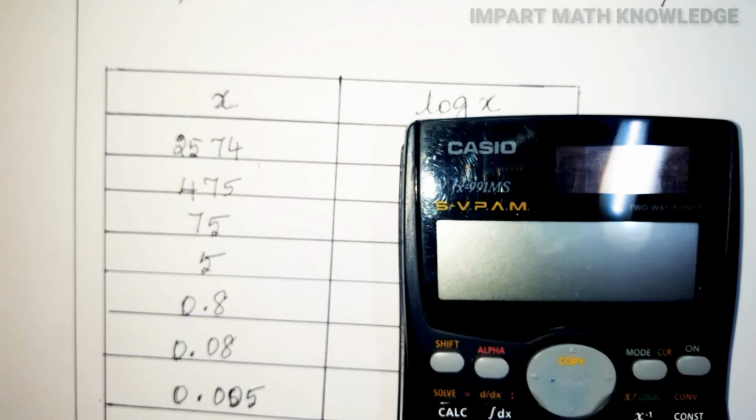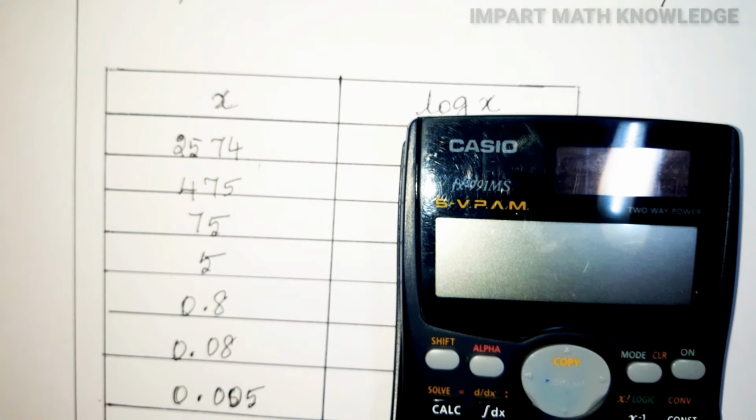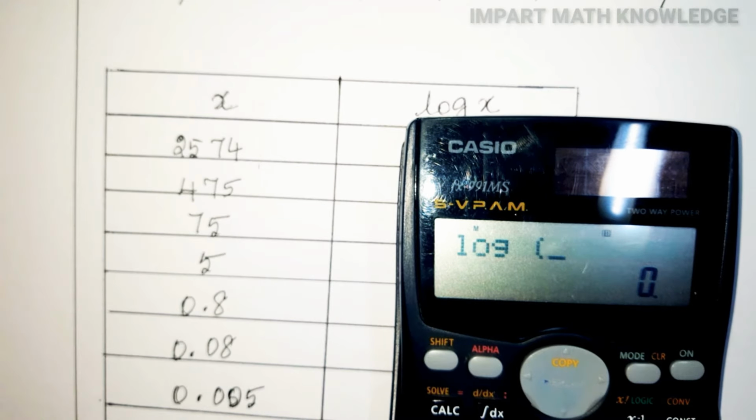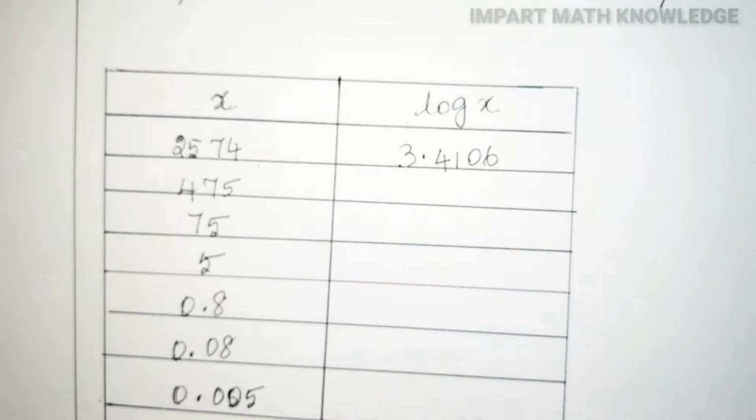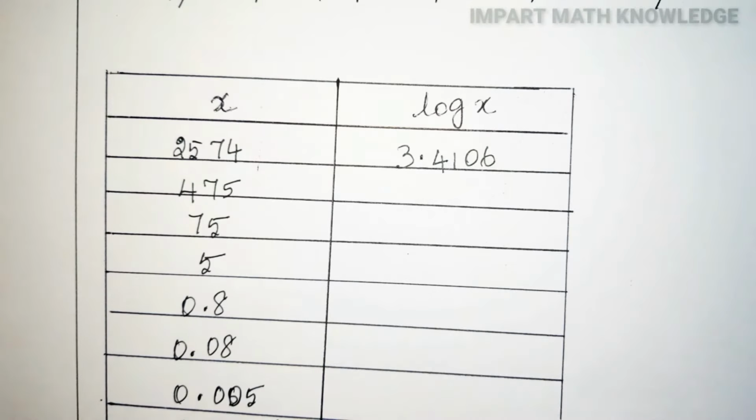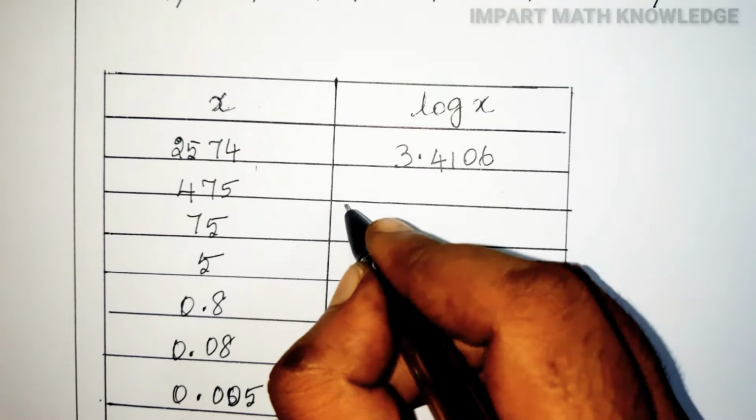For finding log value, you can go with a logarithmic table or calculator. Log 2574 is equal to 3.4106. Like that you can find all the other values.